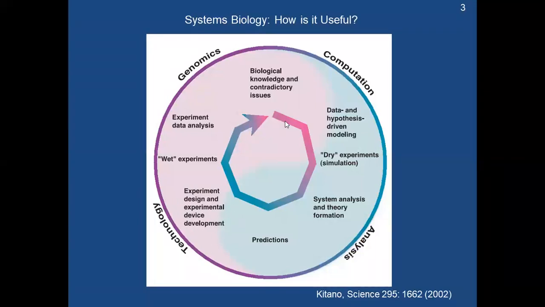So the idea can come from large data which you have modeled. And the modeling is going to utilize a systems analysis tool, possibly. And you can even do experiments, dry experiments on the computer using these tools.